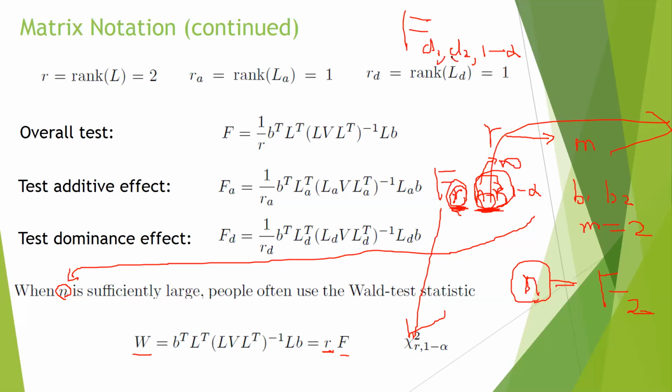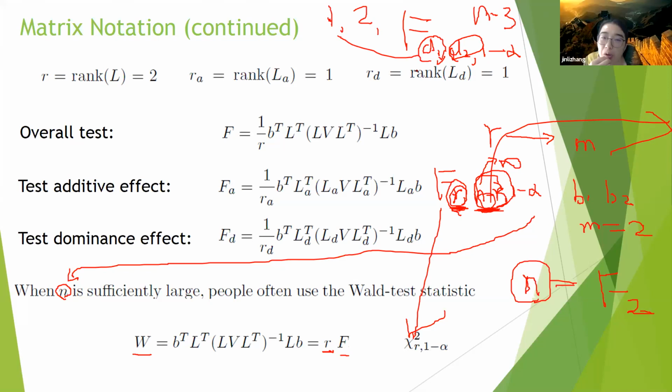The D2 is always equal to N minus 3 in the F2 design, because we want to estimate B0, B1, and B2. But the D1 could be 1 or 2, depending on how many genetic effects you want to test. So no matter how many parameters we are testing, the freedom of the chi-square is N minus 3?